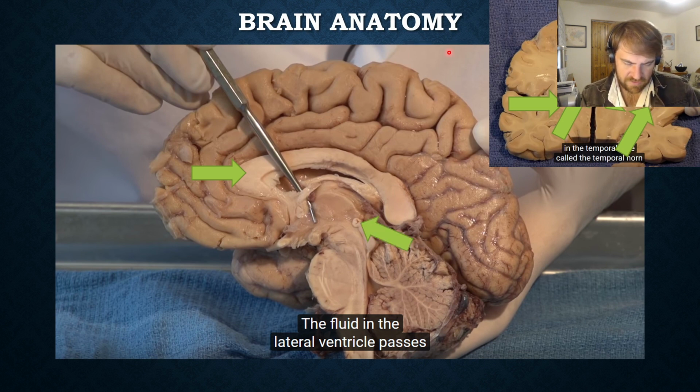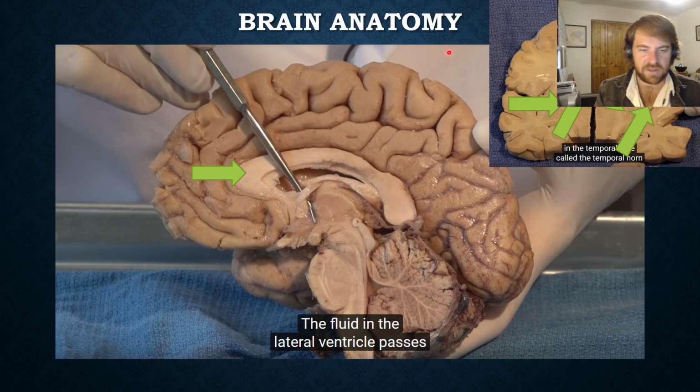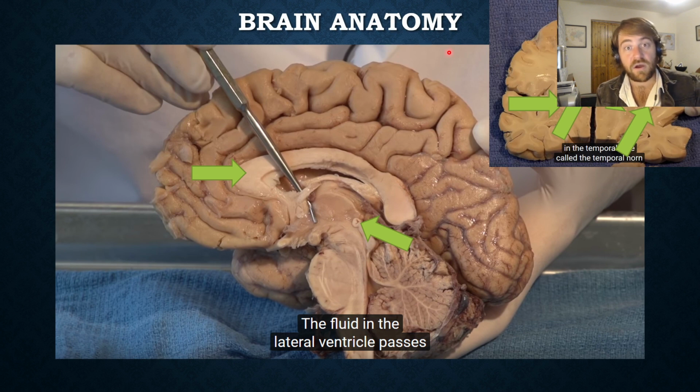Okay, next, right here. This is the PCA. You can tell how large that is because, look at this. We're not under magnification here at all, right? This is just someone holding a brain. This is looking at a brain that's about the size that it is from someone's head, and you can easily see the PCA here, which means this artery is huge.